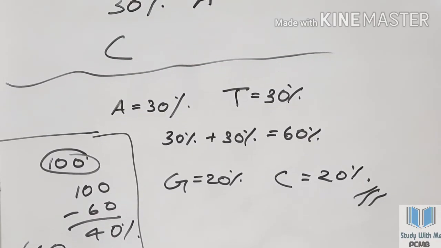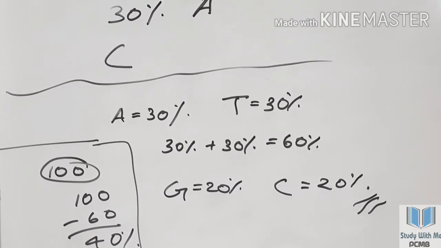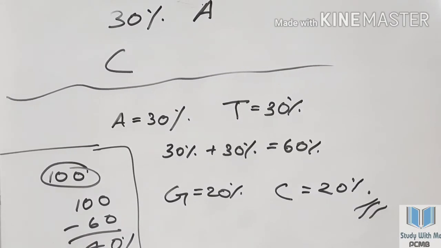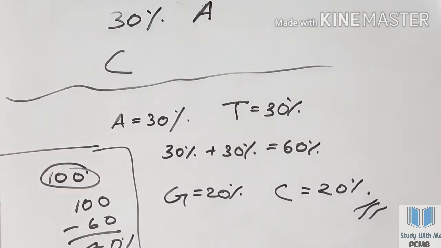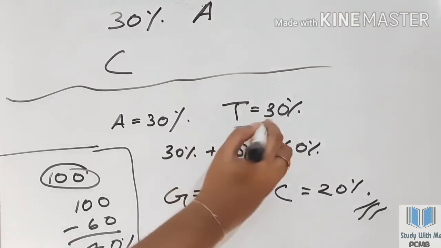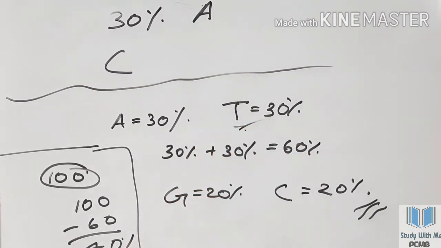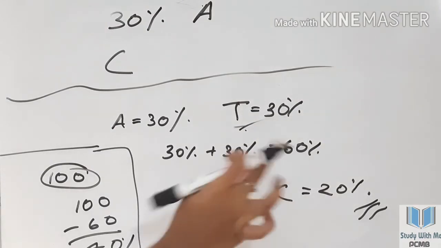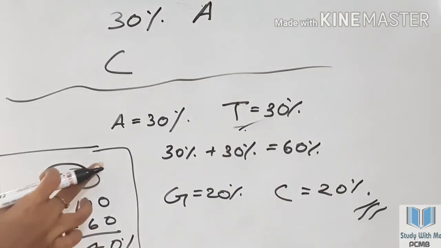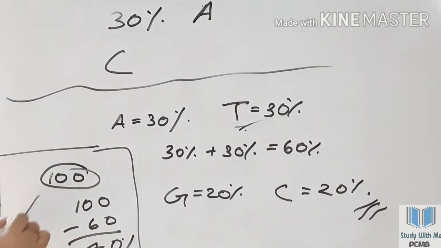So this way we can find that. I'll repeat it once more. The percentage of adenine is given. Whatever the percentage of adenine is, that will be equal to the quantity of thymine. And the rest is guanine and cytosine. By adding, we will get the value. In total it is 100 because it is in percentage form.